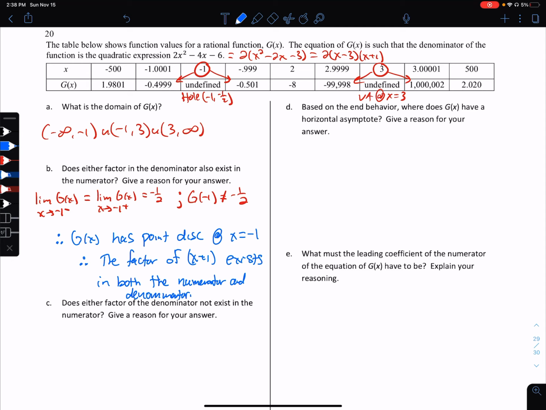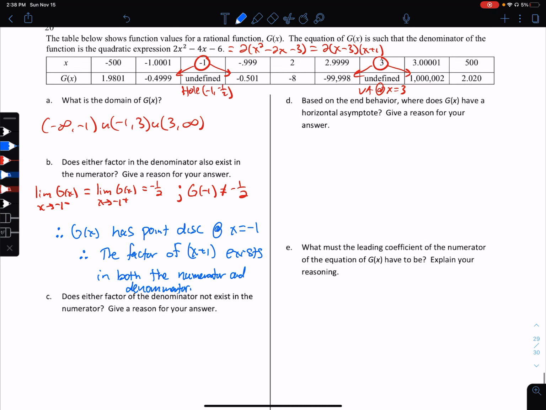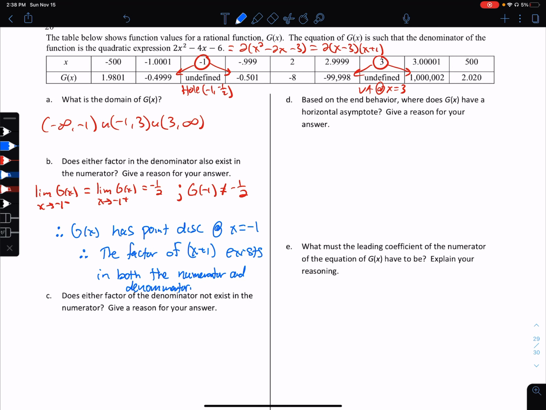Cool. C. Does either factor in the denominator not exist in the numerator? So it's basically asking, is there a vertical asymptote in this? Using our limit logic, we could say the limit of g of x as x approaches 3 from the left is equal to -infinity, and the limit of g of x as x approaches 3 from the right is equivalent to +infinity.